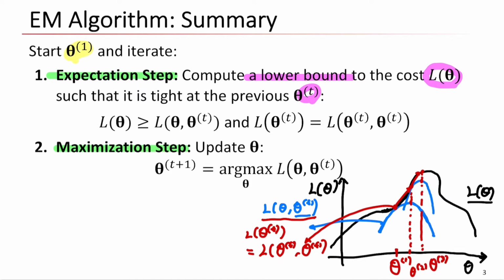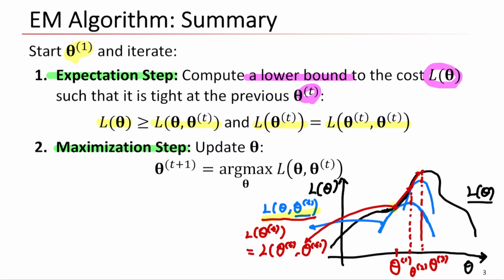So as you can see here, the L theta is larger than or equal to the L theta given theta t, and L theta t is equal to L theta t comma theta t here, right? So if we define this sub loss function L theta comma theta t, we can solve the L theta comma theta t in the expectation step.